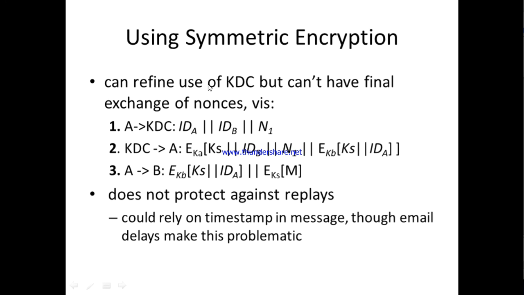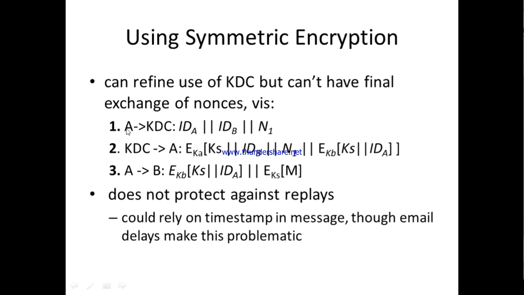In one-way authentication, we need not go for the receiver's authentication. Only one way we are going to perform the authentication. Here you can use the KDC, the key distribution center.